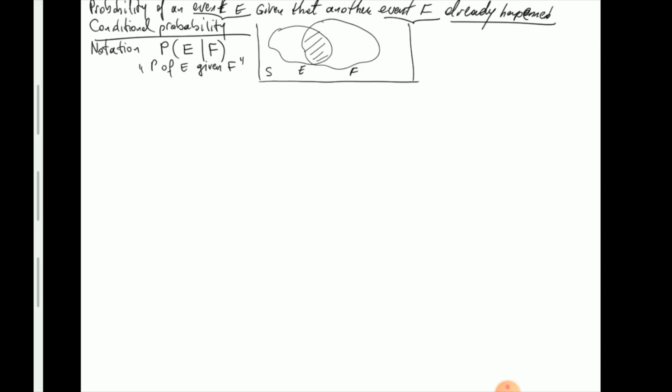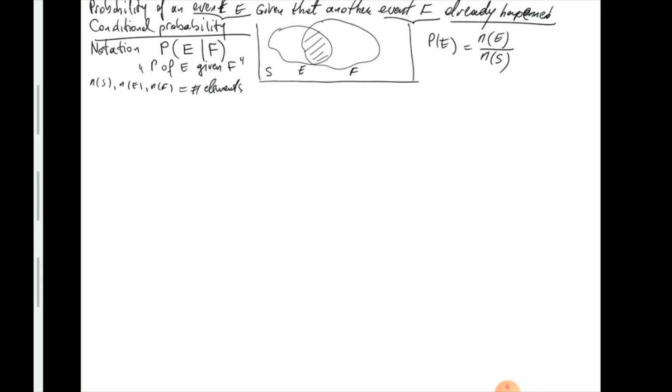And remember the notation N of S, N of E, N of F, these are the number of elements in each set. So, for example, if someone asks you what is the probability of just the event E, of course you look at the number of outcomes in the event E divided by the total number of outcomes in the sample space.